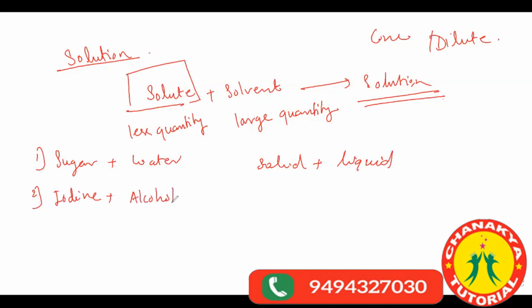A solution of iodine, not only iodine, because iodine can be in solid state as well. If the solution is in liquid state and it is added to the alcohol, you get liquid into liquid.